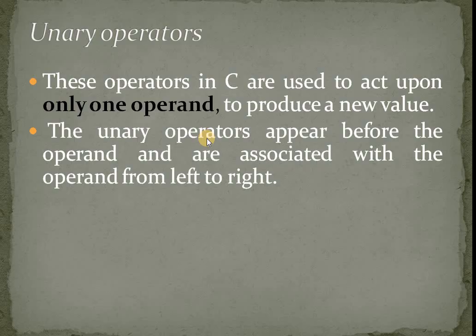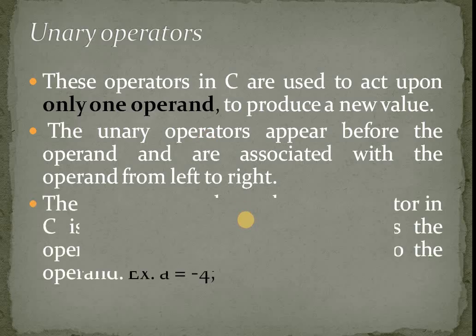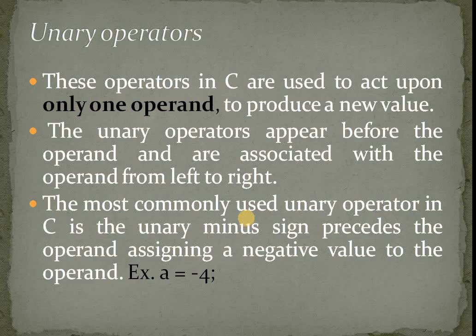The unary operators appear before the operand and are associated with the operand from left to right. The most commonly used unary operator in C is the unary minus sign, which precedes the operand, assigning a negative value to the operand. So an example is given over here.